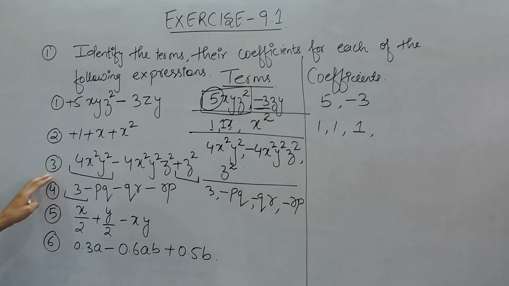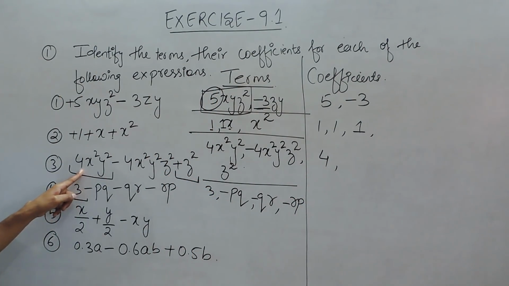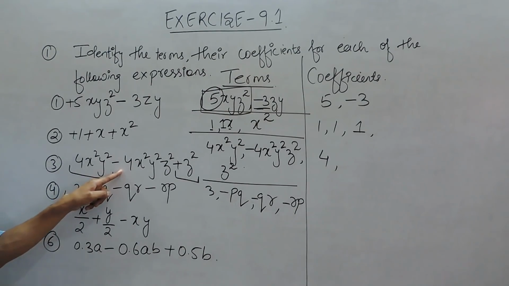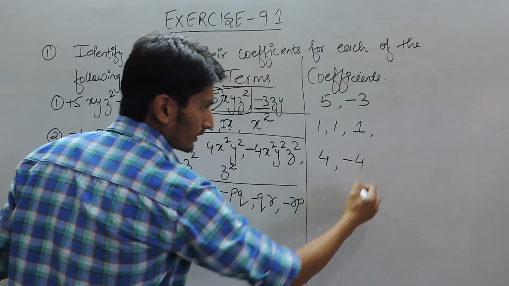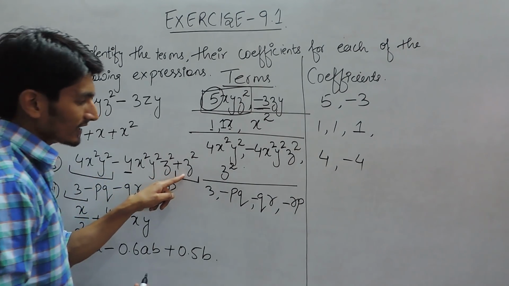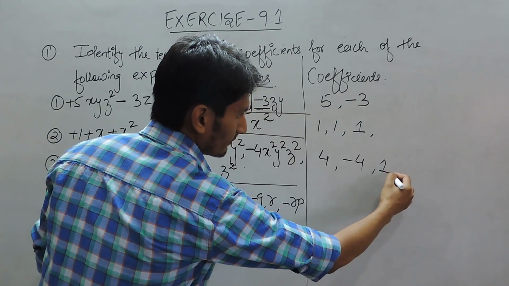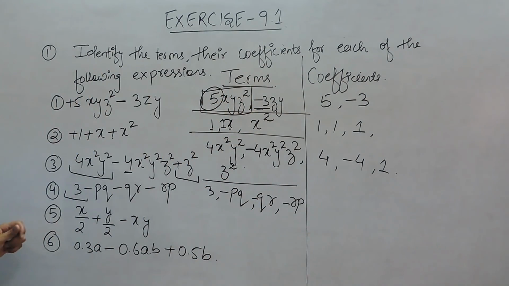In question number 3, in the first expression 4 is the constant coefficient. In the second term minus 4 is the constant coefficient, and in the last, if nothing is written we can consider it as 1. So in the last term 1 is the coefficient.